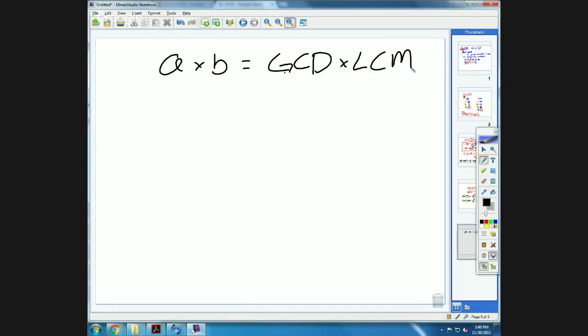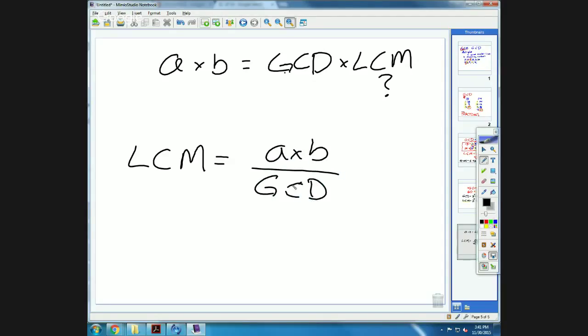Now the benefit of that for us, say you're way better at finding GCDs. Then if you know the GCD, but this is unknown, you can just solve this equation for your unknown piece. So this tells me that the LCM of two numbers is always equal to the product, A times B, divided by the GCD. So if you're really good at finding GCDs, find it, divide that into the product of the original numbers, whatever's left has to be the LCM.